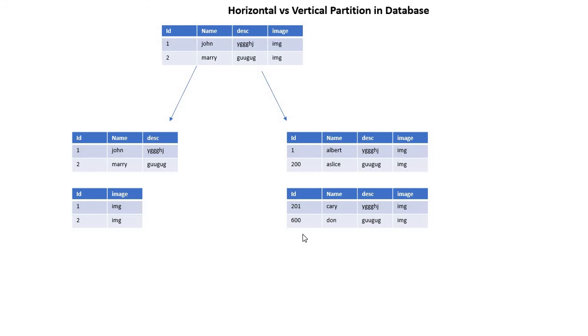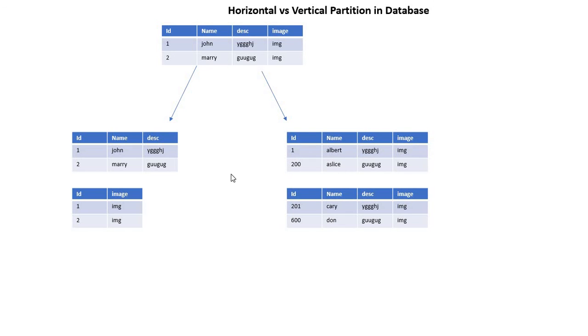The first 200 employees go to one table, and the rest go to the next table. If you want to add more employees, they go to the next table. What I'm doing here is a kind of sharding.